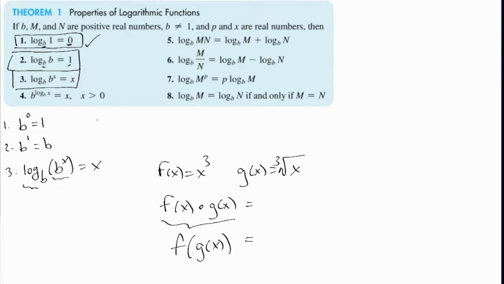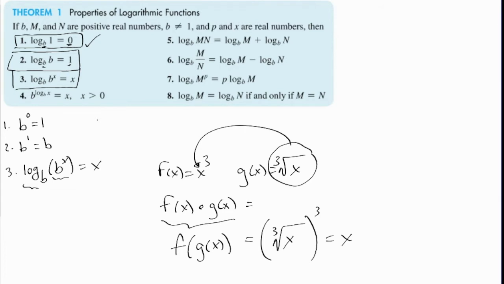Well, let's look at what it's like to take g of x and plug it in for the x of f of x. We would get the cube root of x inside of the cubing function. And when you cube the cube root, you would get just the x. And if you did it in the reverse order, if you did g of x with f of x plugged inside, you would have the cube root on the outside and the x cubed inside, and the cube root would cancel out the cube and give us just x.